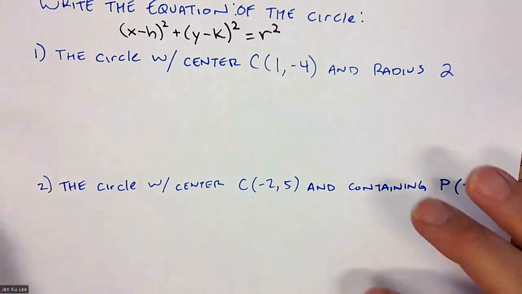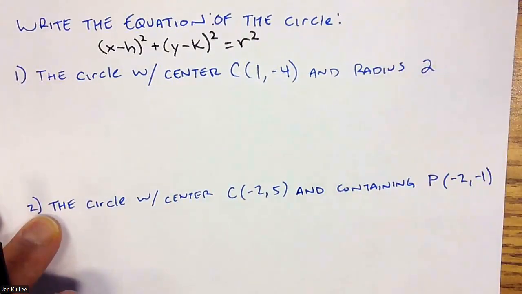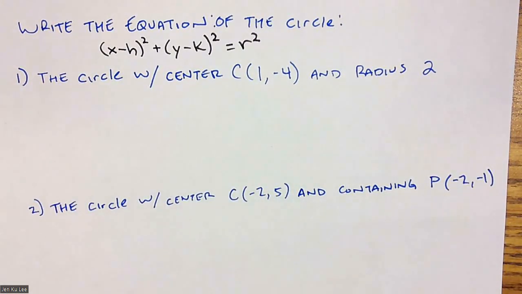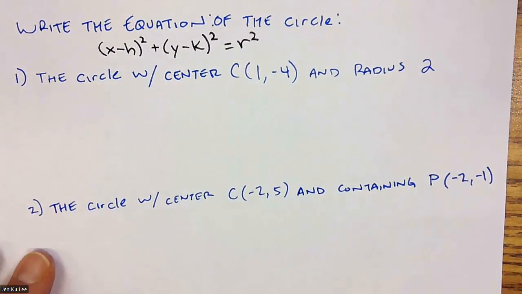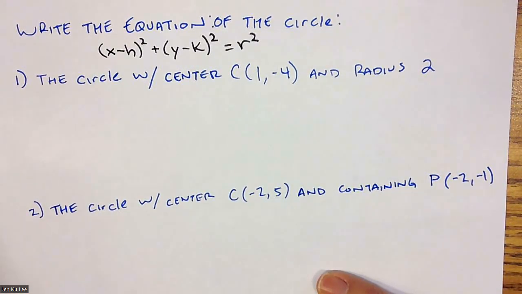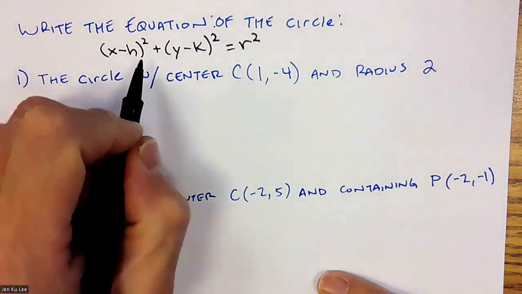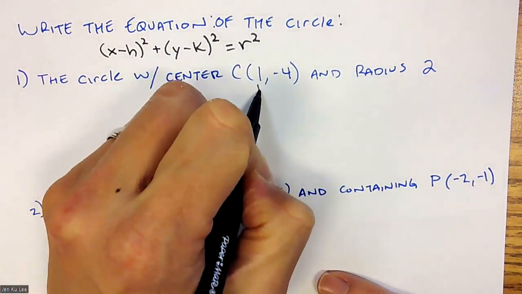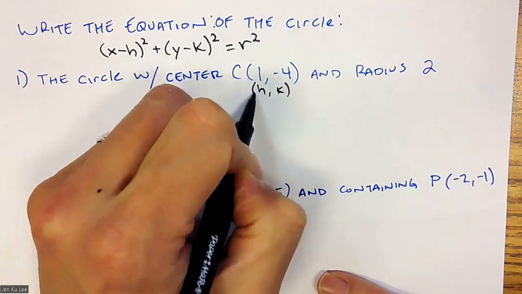All right. So this says write the equation of the circle with center C at 1, -4 and radius of 2. So this is the equation up here, right? Your center again is h, k.